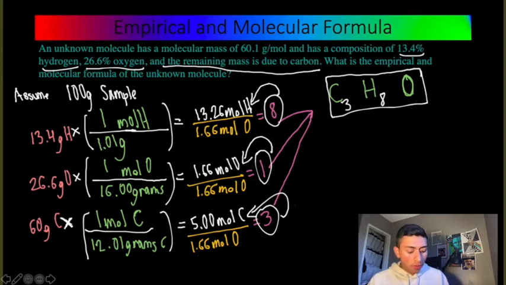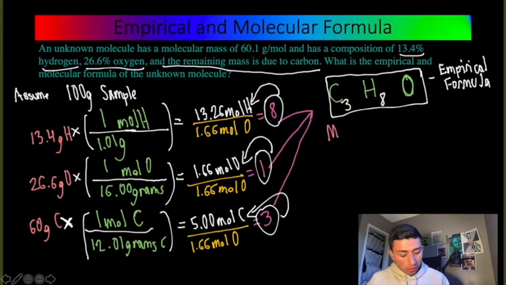Now, we are asked not only for the empirical formula, but also for the molecular formula of this unknown molecule. So this is the empirical formula. But we're not done yet, because as I just mentioned, we're solving also for the molecular formula. When you solve for the molecular formula, all you essentially do is this little division problem here.